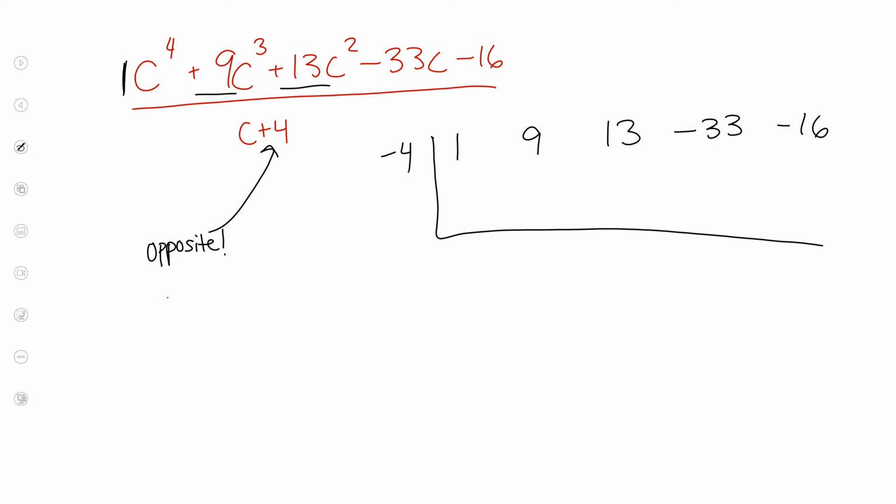And let's go through the process. You bring down the very first coefficient, and then we just multiply, add, multiply, add, multiply, add. So let's multiply negative 4 times 1. That's negative 4. And let's add these together. 9 plus a negative 4 is 5. And then we're going to multiply again. Negative 4 times 5 is negative 20. And then we add. 13 plus a negative 20 is a negative 7.